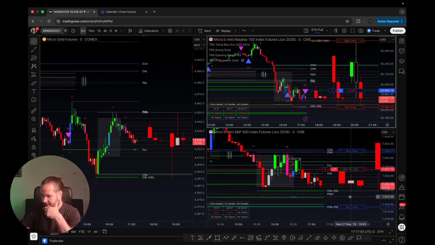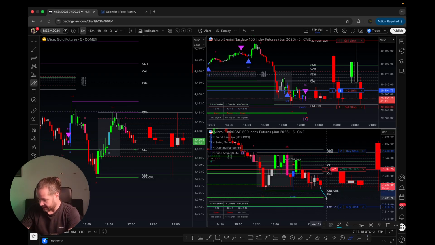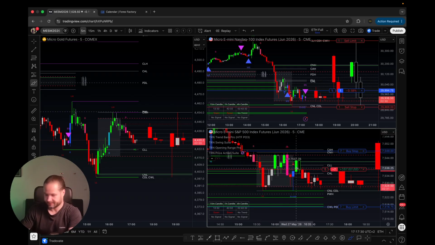But let's see, I think right now is the time for ES to grab the liquidity here and then to make a move upwards, or maybe get a confirmed breakdown where we close below this level and then continue downwards, something like this. Then a pullback, and then we could even go to the target. But let's see. I will have a close look now because it decides what happens with my position here.